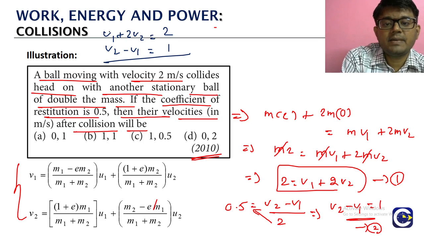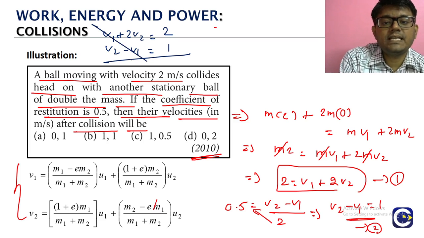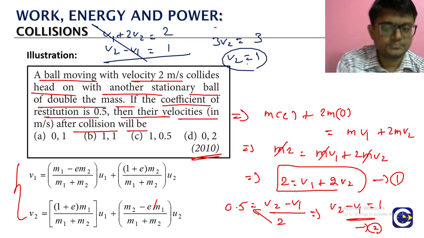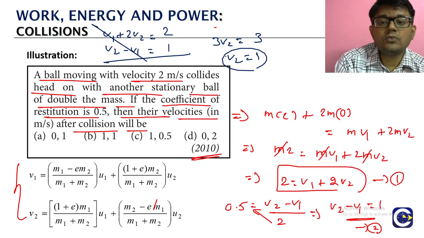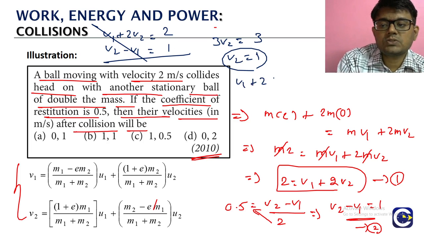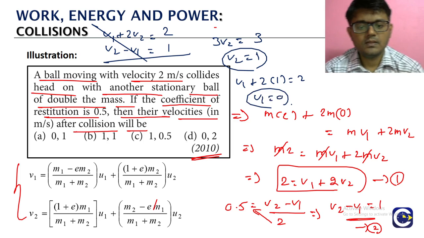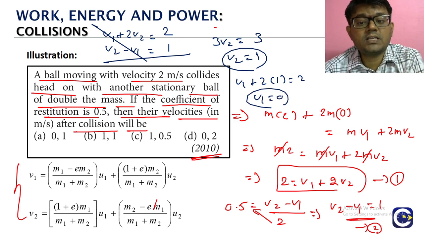Add the two equations, v1 minus v1 cancels. On the left side we get 3 times v2, on the right side 3. So v2 is 1. Substituting v2 equal to 1, v1 plus 2 into 1 is equal to 2, so the value of v1 is 0. They are asking for the velocities after the collision.